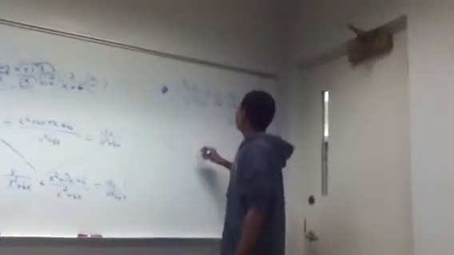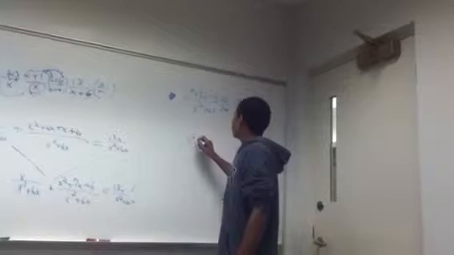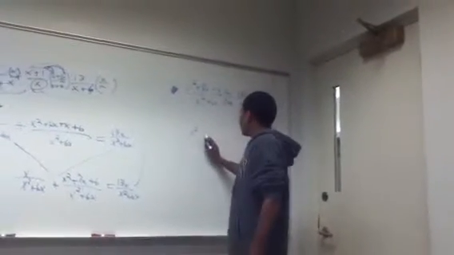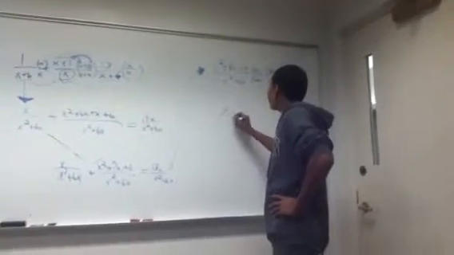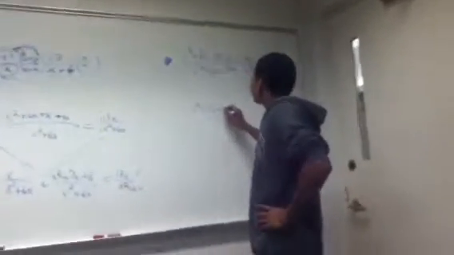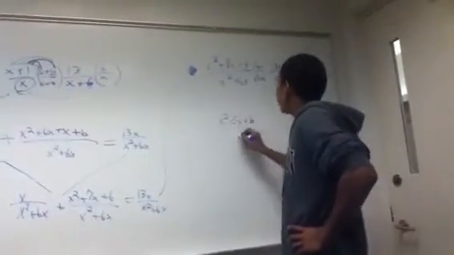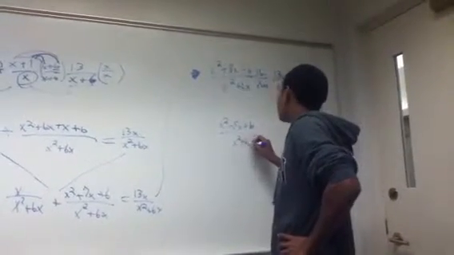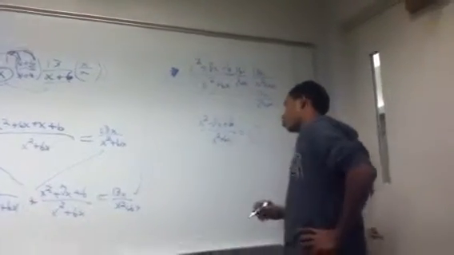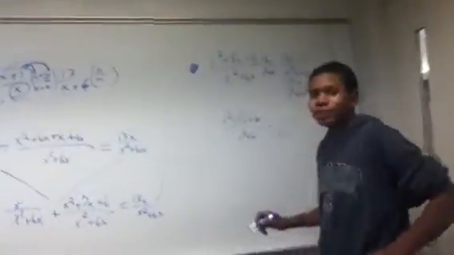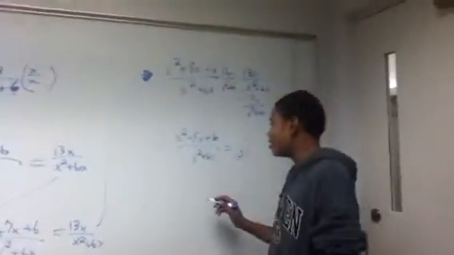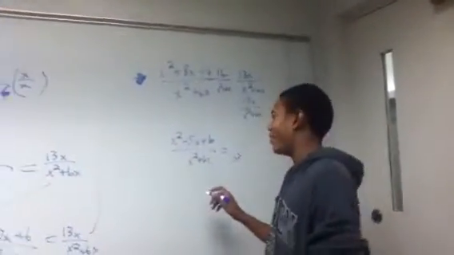And then you would get x squared, 8 minus 13, x equals negative 5x plus 6 all over x squared plus 6x equaling 0. That's a 0, but let's make a smiley face.